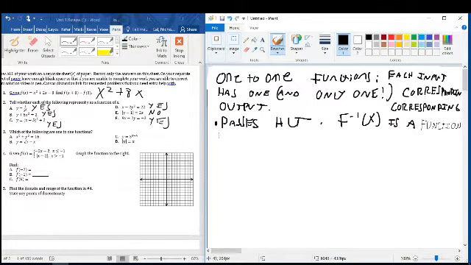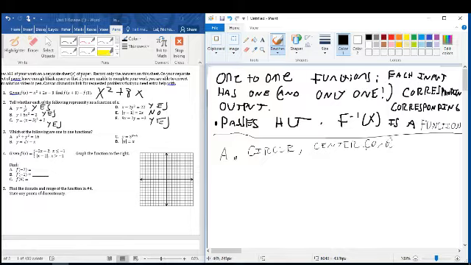All right, so now we have to look at which is a one-to-one function. Let's look at A. A is a circle with a radius of 4. The center is 0, 0, and the radius is equal to 4.